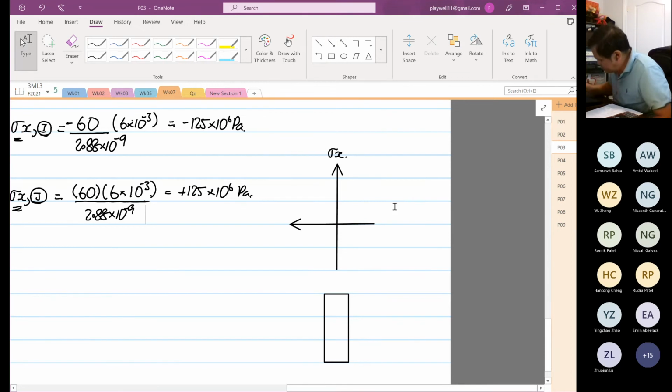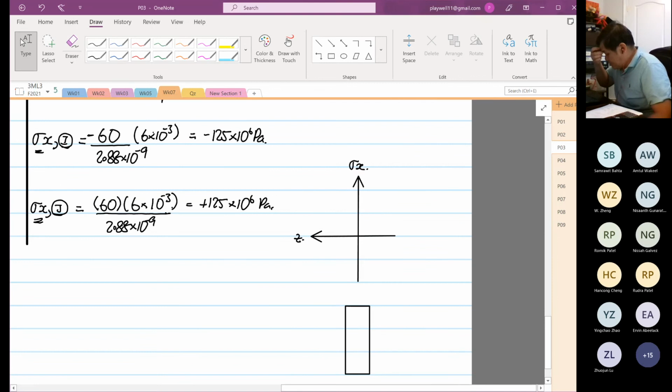So this is our z. We label this as, wait, how did I label this?